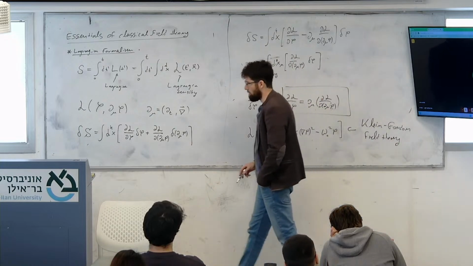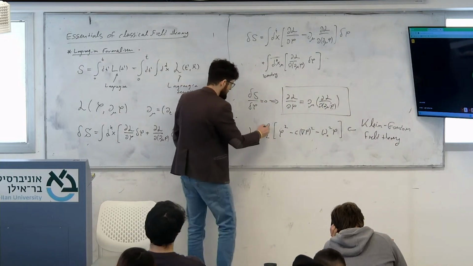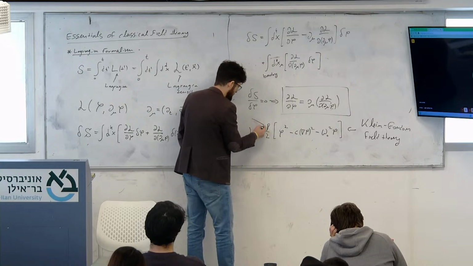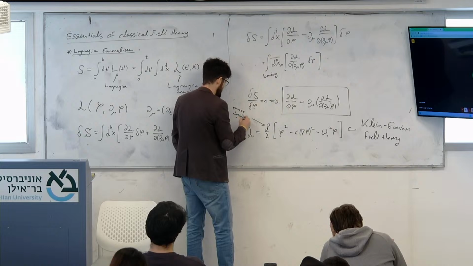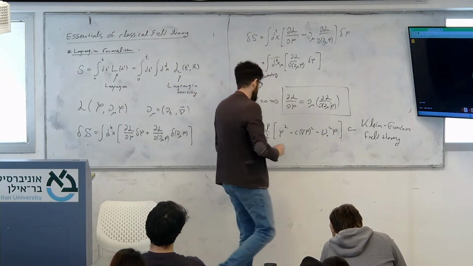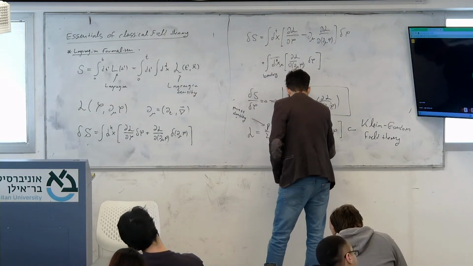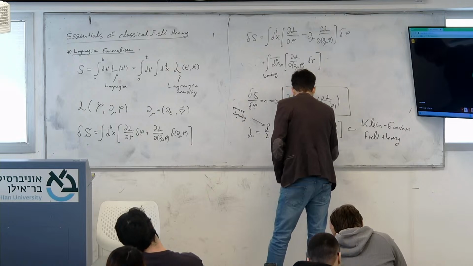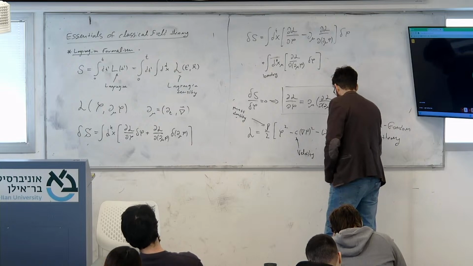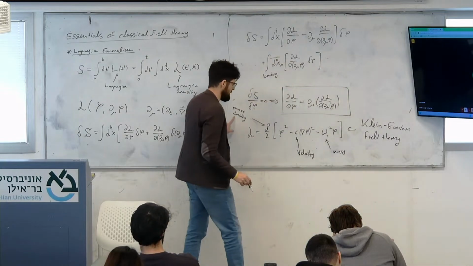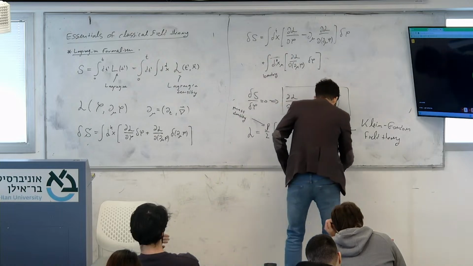Just as a comment, this guy here is like the mass density of the field. This is the velocity, and this is the mass. Now, not to confuse with mass density. You can think about this as like frequency.